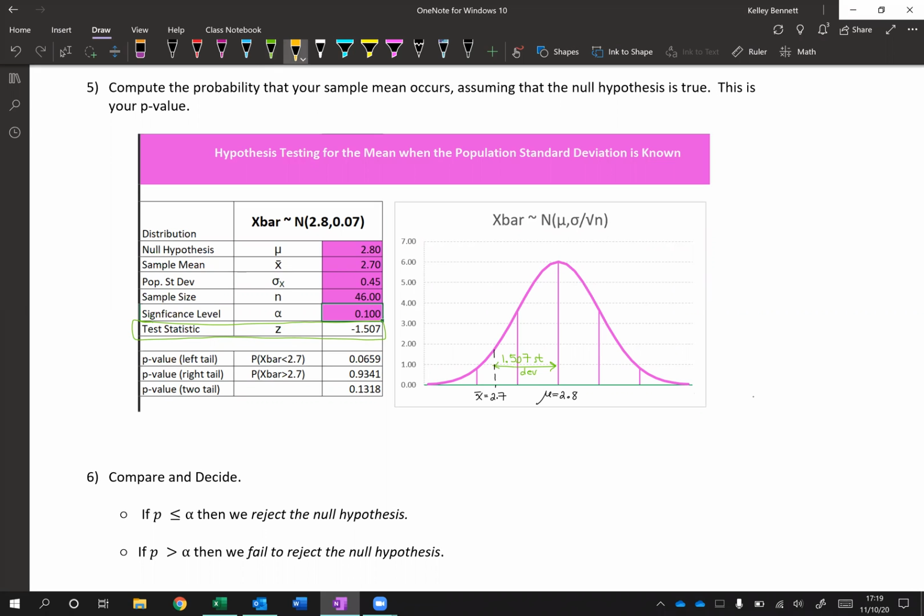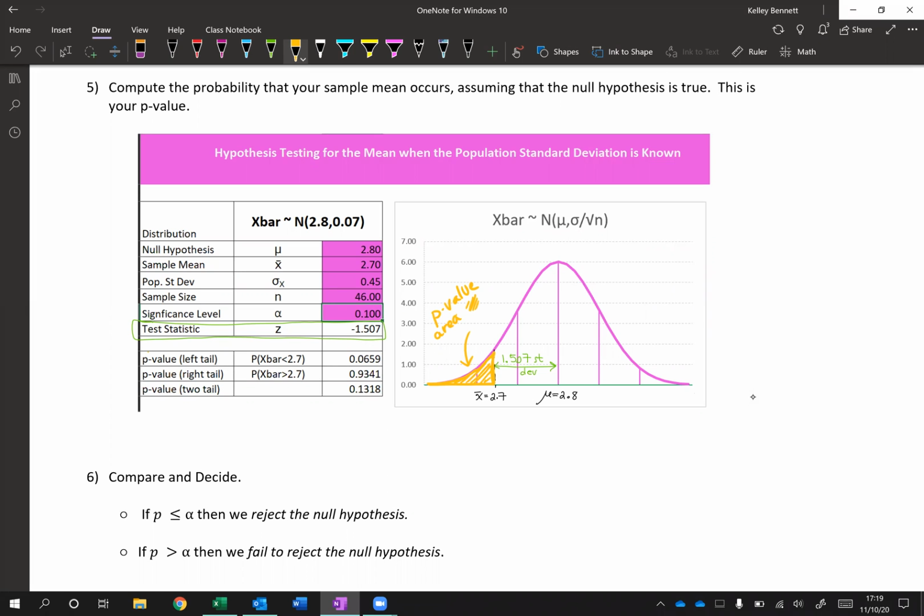Okay, so what's the area between here and here? Remember that we're doing a left-tailed test. This is our p-value, the area of the yellow shaded region. And we get that from here.